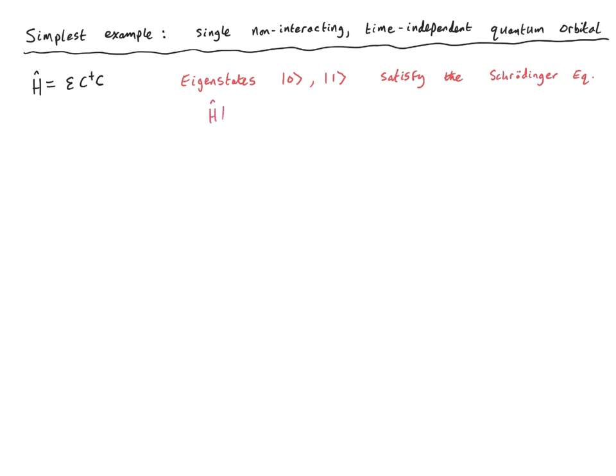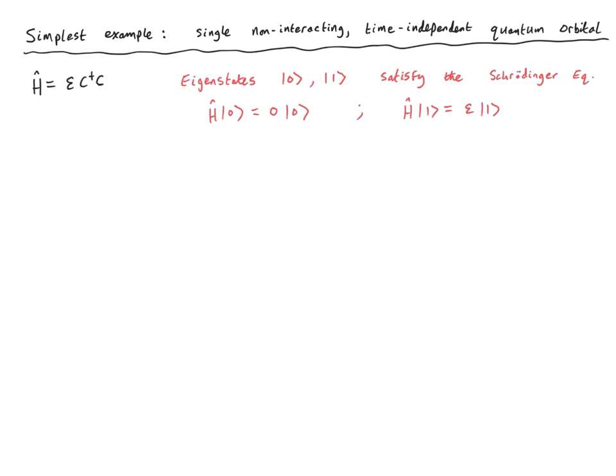Specifically, H acting on the 0 state gives us an eigenvalue of 0 times the 0 state back again, whereas H acting on the 1 state gives us epsilon times the 1 state back again. So the energies are simply 0 if it's unoccupied, and epsilon if it's occupied. Epsilon can therefore be understood as the single particle energy, or local potential energy, for this quantum orbital.